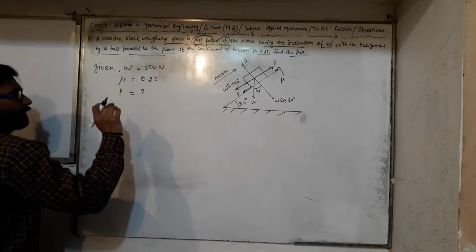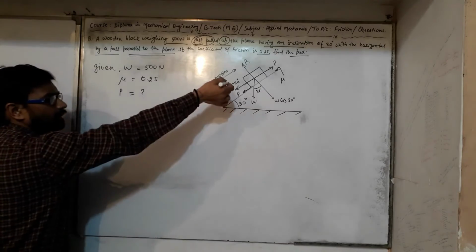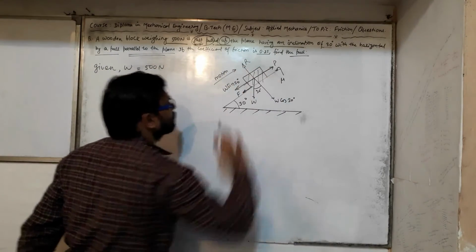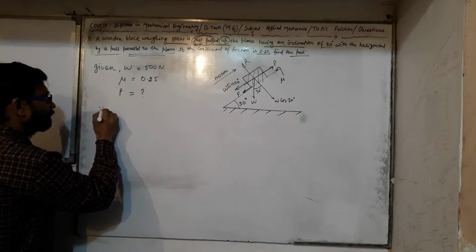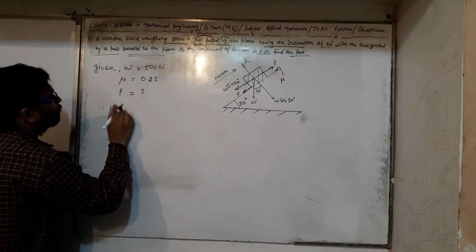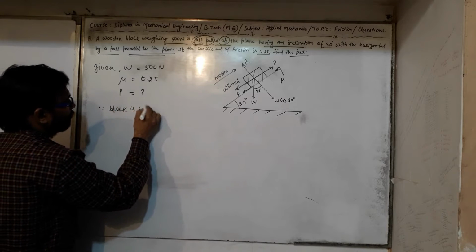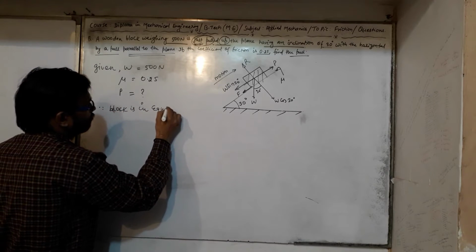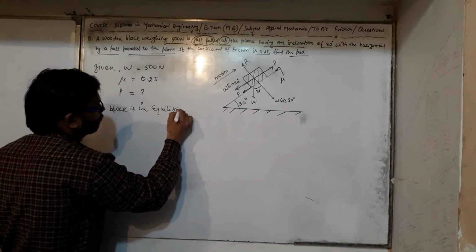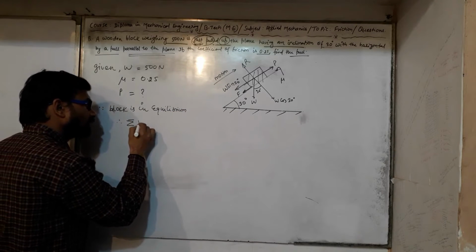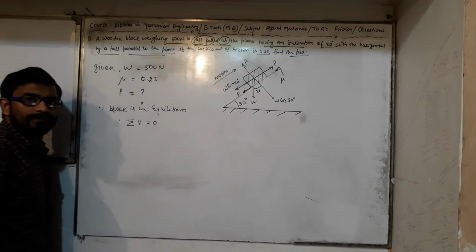So the body is just moving up, it means the block is in equilibrium. Therefore the summation of all vertical forces is equal to 0.